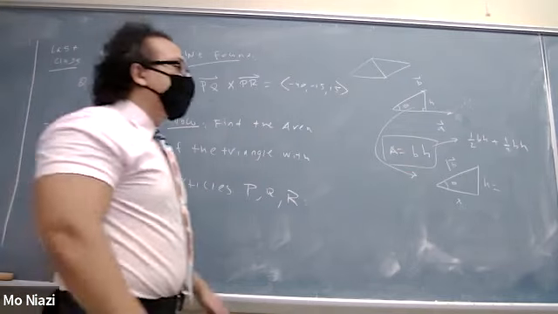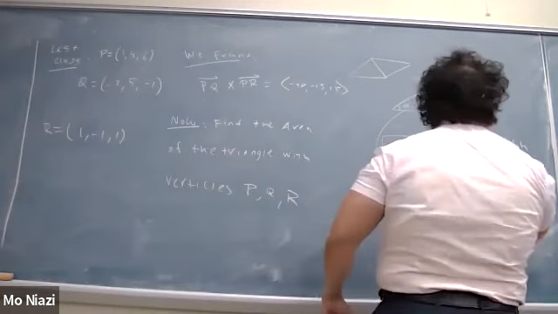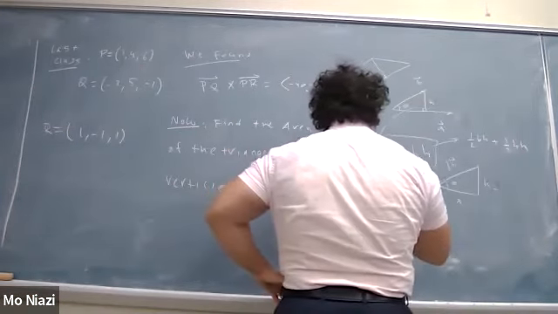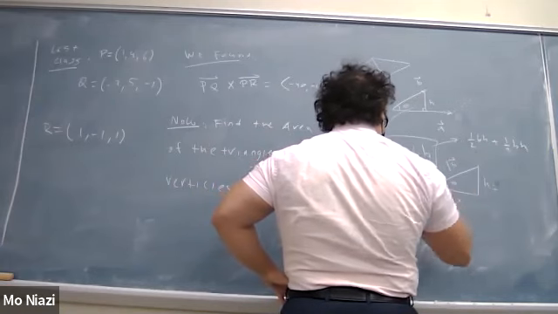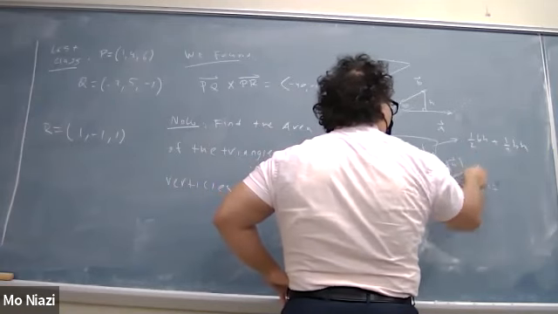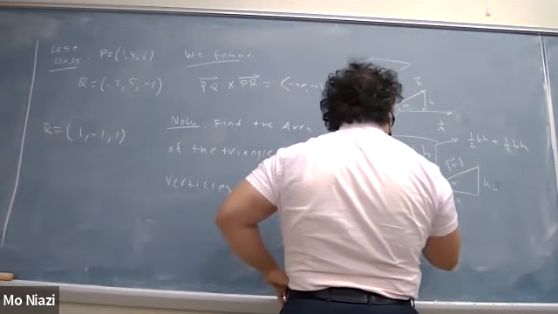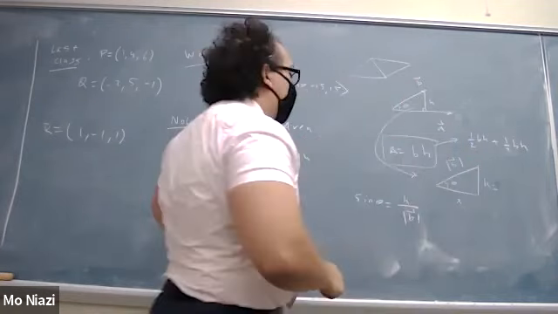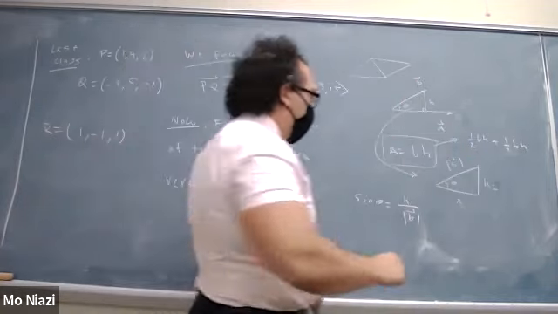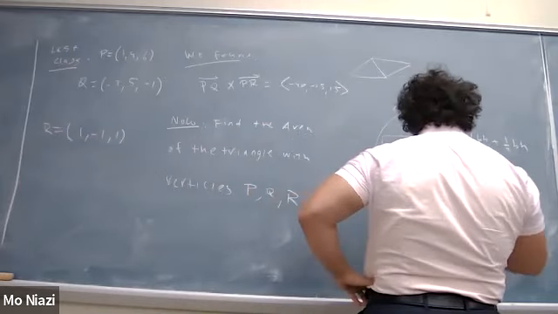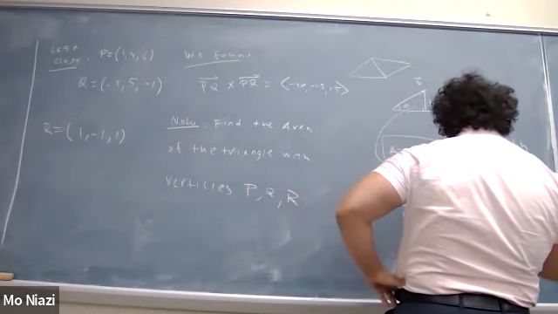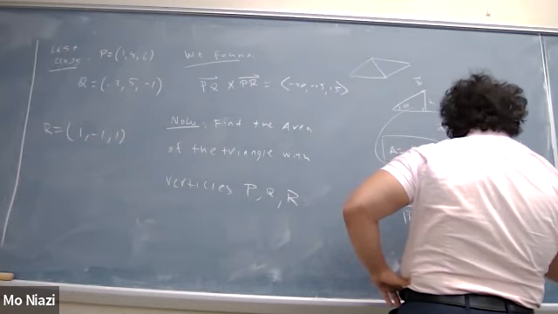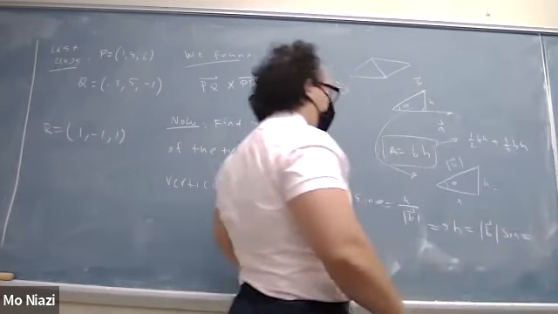Very good. Now, if we utilize trigonometry here, sine of theta is equal to opposite h over hypotenuse, the magnitude of our vector b. And when we solve for h, what do we get? Sine of theta, yes.